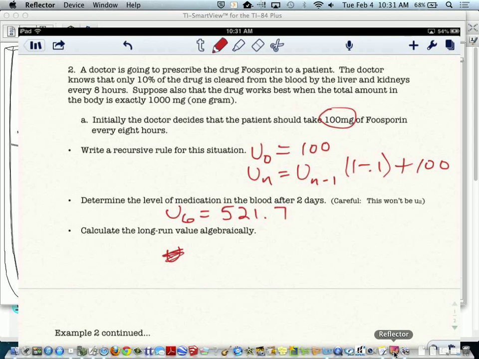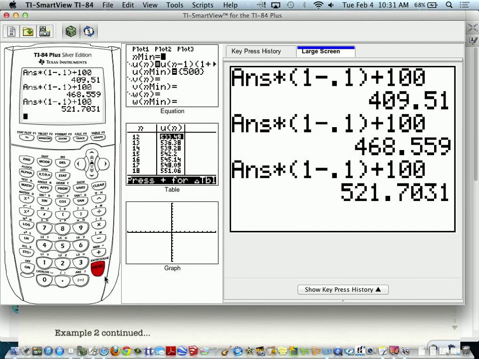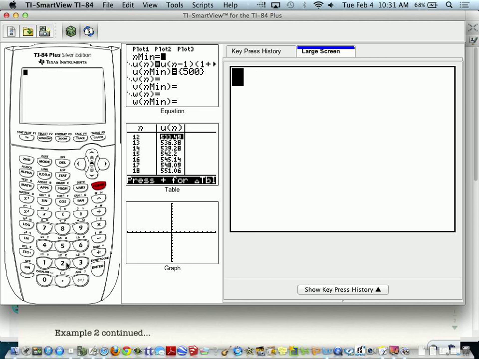And if we calculate the long run value, we'll just call it the 100 milligram dose divided by the 0.1, which is the p-value. So the 100 milligrams is what we're adding each step.